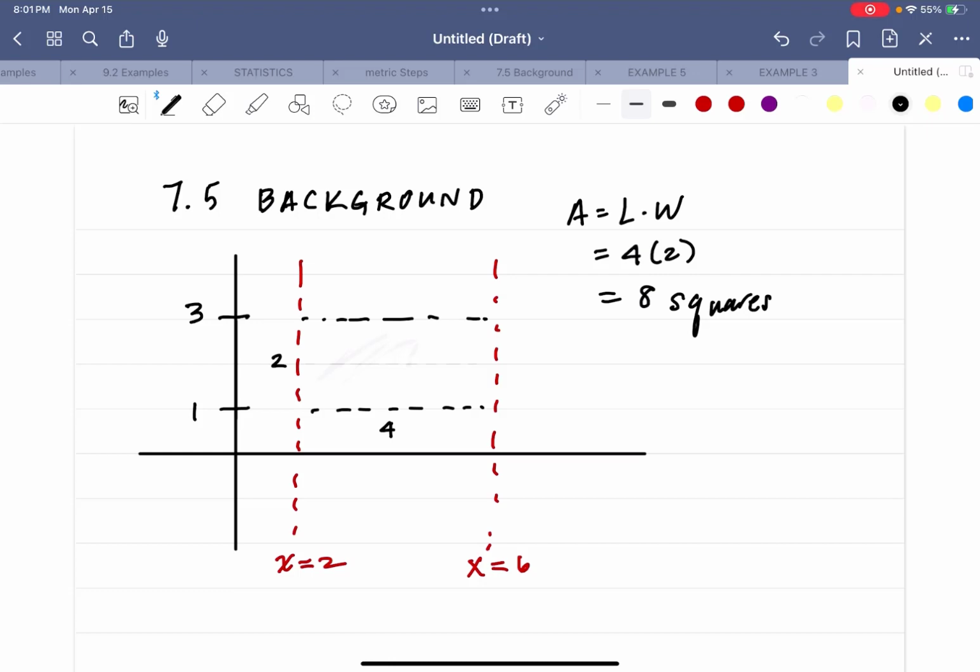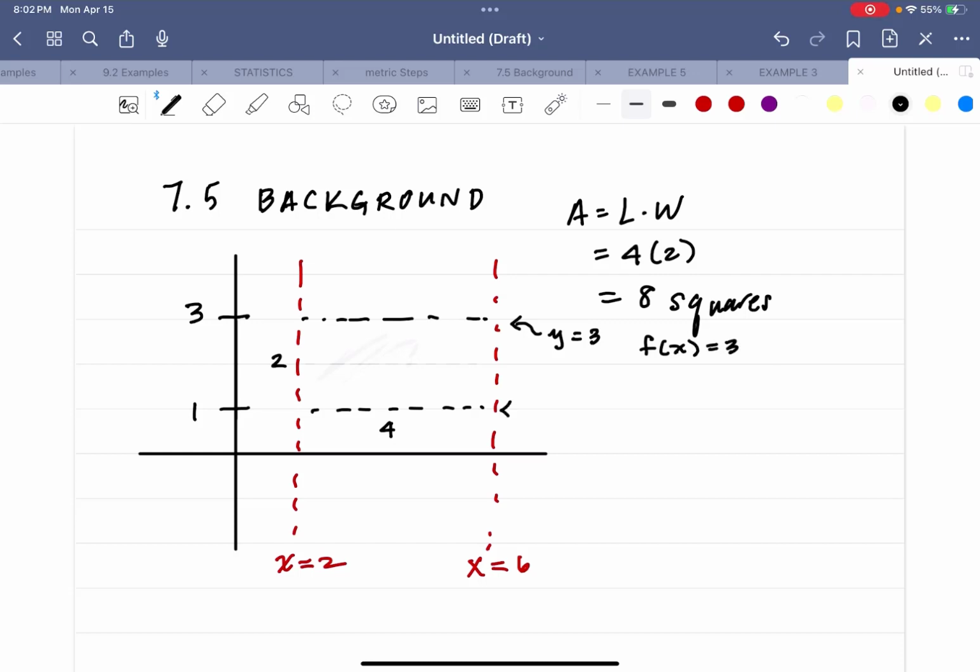Now, we're going to do this with an integral, even though, of course, if you have a regular shape, you'd use a formula. But in an integral, what you want to do is find a formula for the function on top. So this is y equals 3. That's a horizontal line function, or f of x equals 3.